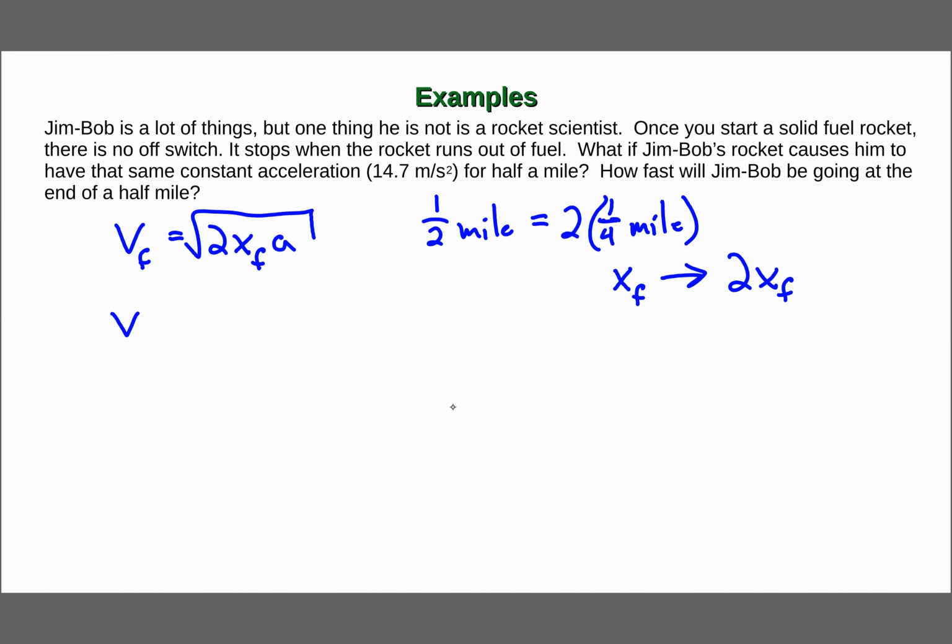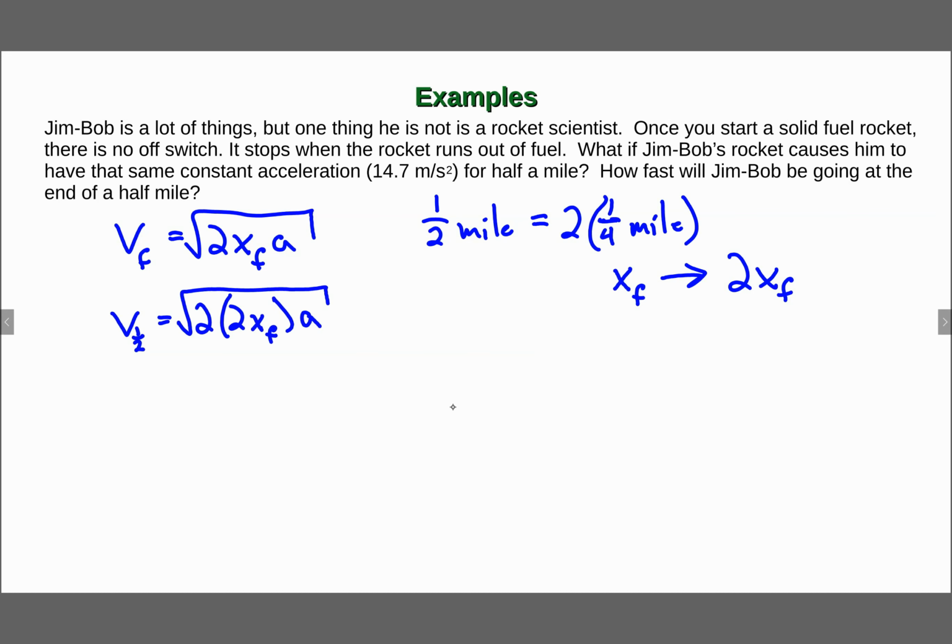We can plug that into our answer from before because we solved it with variables. We have 2 x final instead of x final. And let's rename V final. Let's call it V sub 1/2. So his velocity at the end of a half a mile, or his speed in this case, because we're just looking at the magnitude, the speed at the end of a half a mile.